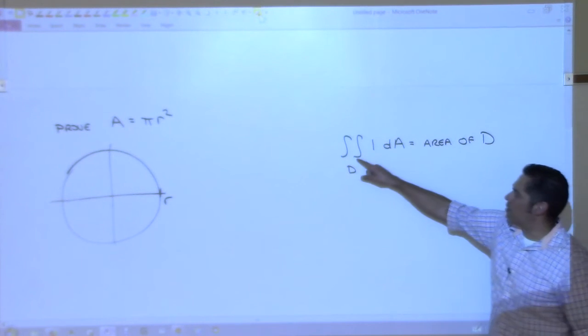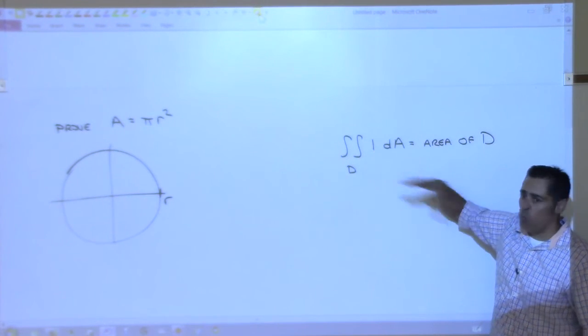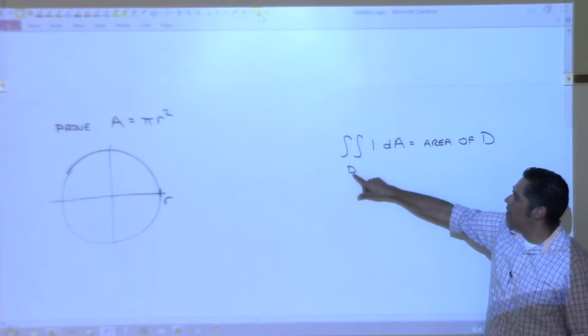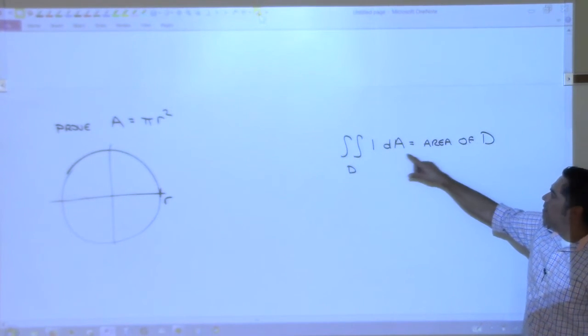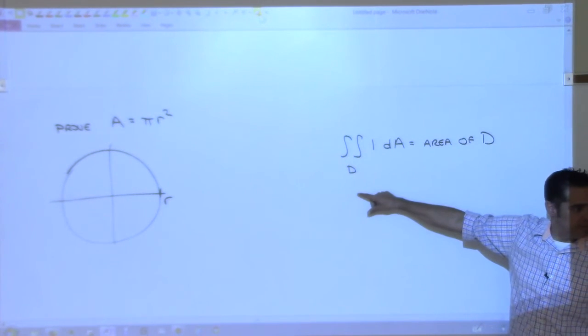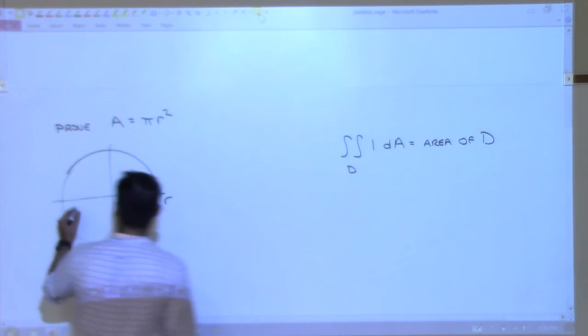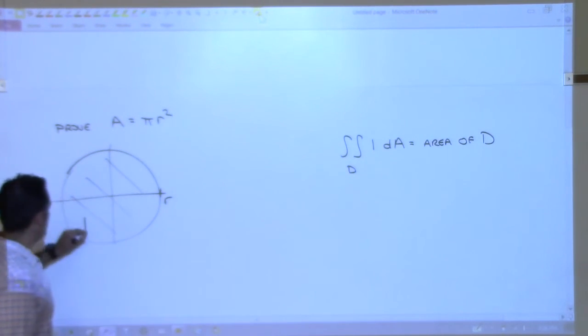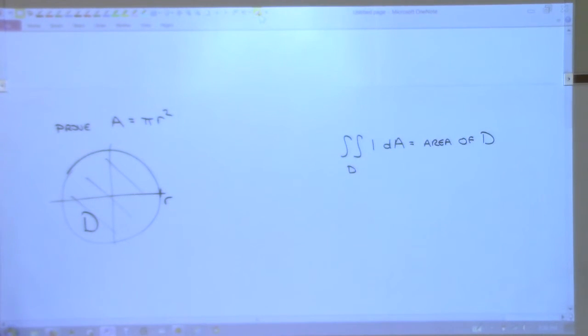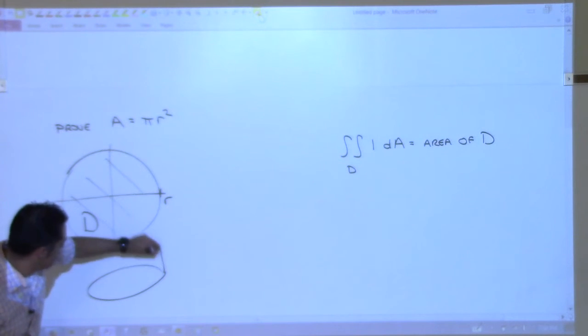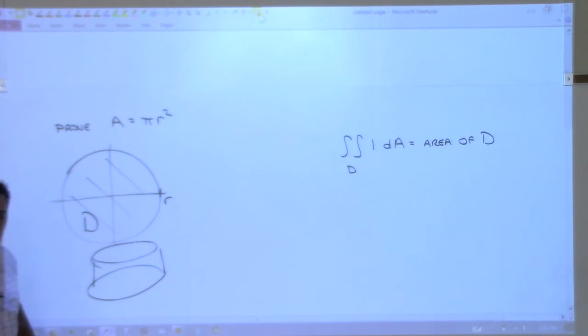If you do a double integral over the surface D of the constant 1 with respect to area, this is the area of D. Okay? So I'm going to imagine that this is my D, down here, and above it is a surface that's 1 unit high. Like that. There's D on the ground. This is 1 unit. I'm going to find the volume of that.